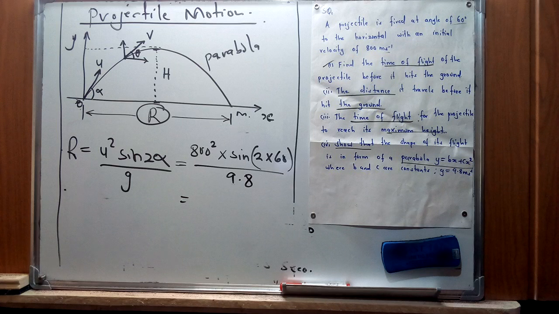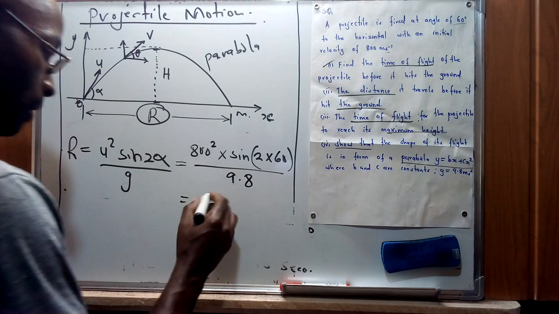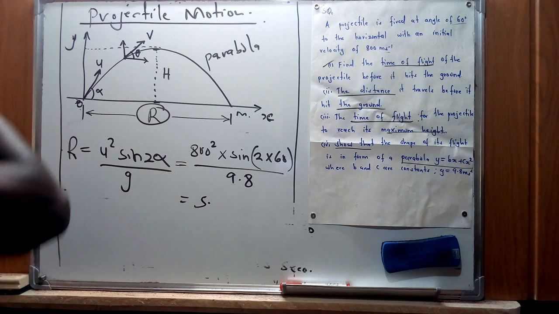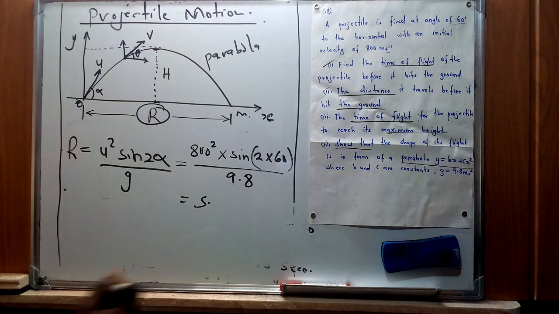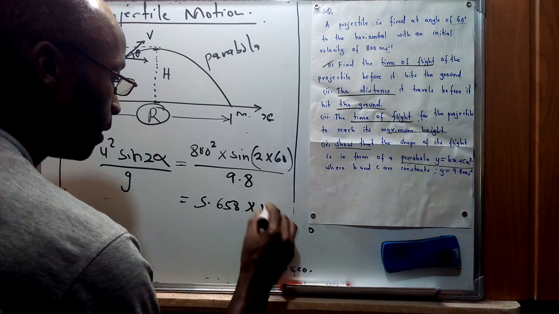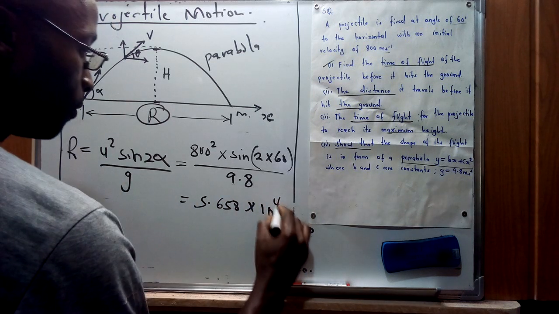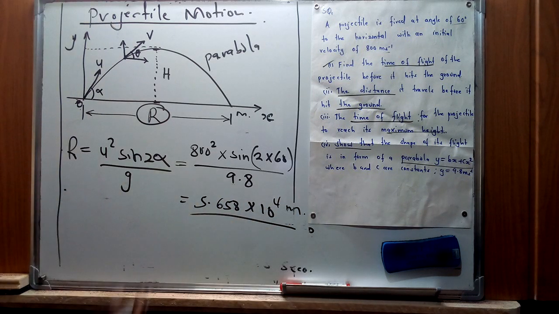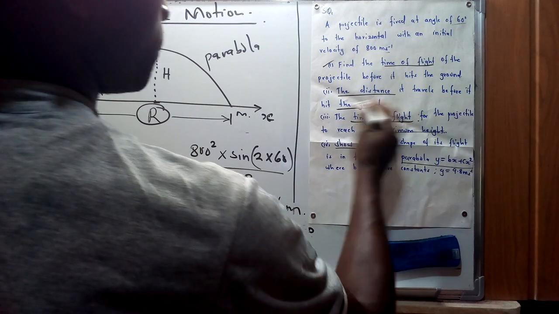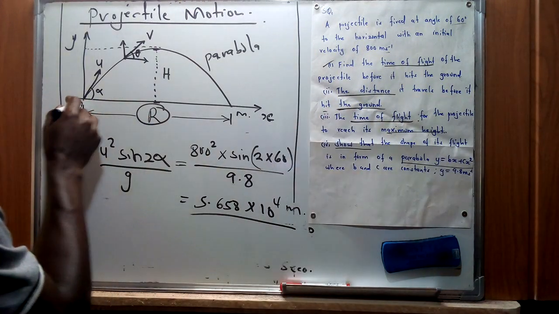This is going to give us distance in terms of meters, because the dimensions we have used are in meters. So 658,104 meters. This one can be converted to kilometers, etc. So that's how we find the distance it travels before it hits the ground, from this point up to this point.